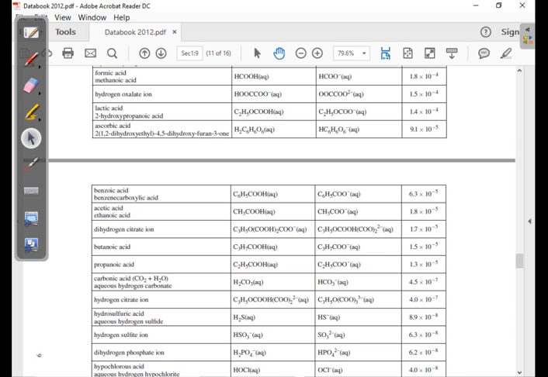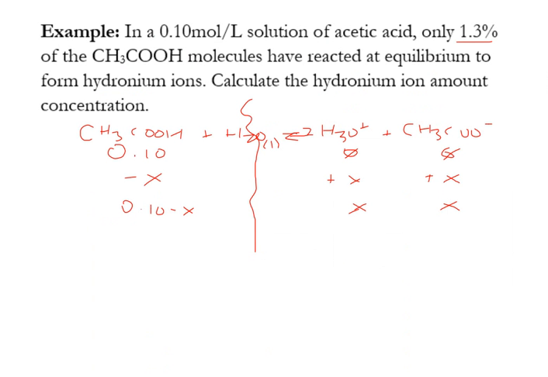It's 1.8 times 10 to the minus 5, which is really low. So if I were to go back over to here, I can now tell you that the Ka value, which is really just Kc, it's the same thing, was 1.8 times 10 to the minus 5. But I can actually use that to calculate my x values, because my x value is really going to be x squared all over 0.10 minus x.